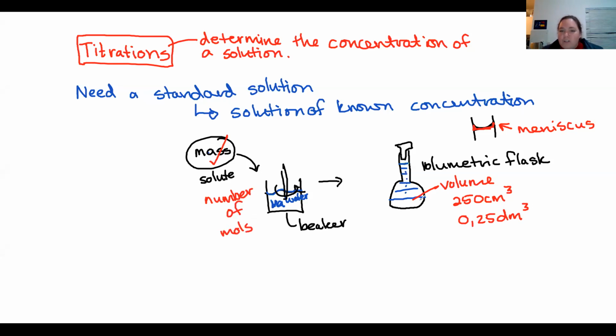And because we've filled it to exactly the right volume, we don't, please, this is very important, we don't fill it to the 250 and then add the solute, because the solute takes up a volume and it'll rise too high, the total solution level will increase too high. So that is how you make a standard solution.